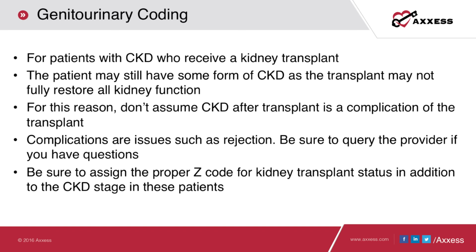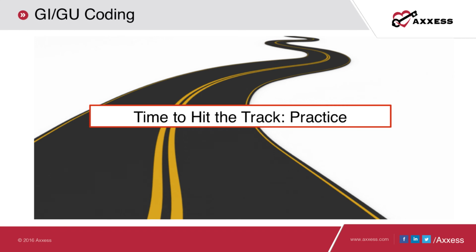Complications are issues like rejection, so you'll need to make sure you query the provider if you have questions as to whether or not this chronic kidney disease is a complication or it's just left over after the kidney transplant. And make sure that you also code the proper Z code for kidney transplant status in addition to the chronic kidney disease stage in those patients, okay?